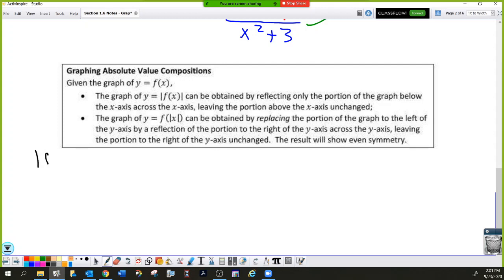Absolute value of f of x. I'm going to make up a random f of x. And this random f of x, I am going to make a dotted line. Random f of x looks like this. There. If I were to wrap the outside with absolute values, any part of the graph that had a positive y value, the y's stay the same, don't they?